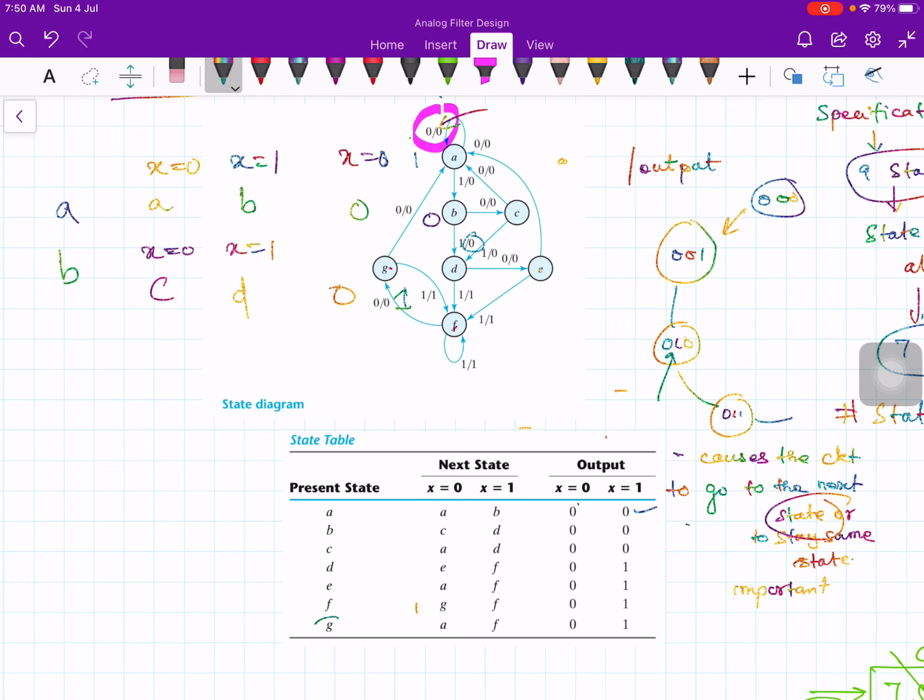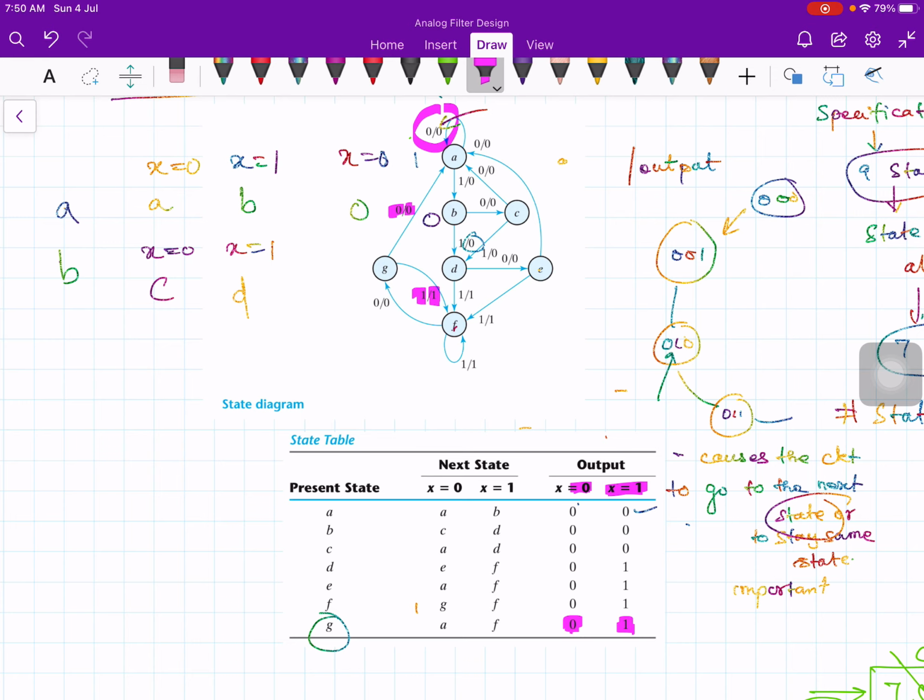For example, you take this state G. Where is G? G is here. From G to F we are moving. When the input is 1, the output is 1. Input is 1, output is 1. When the input is 0, output is also 0.